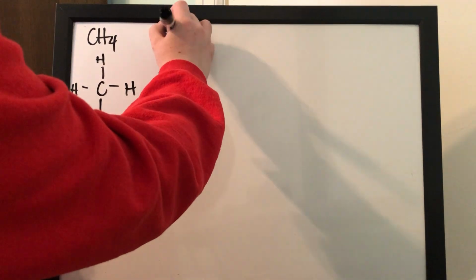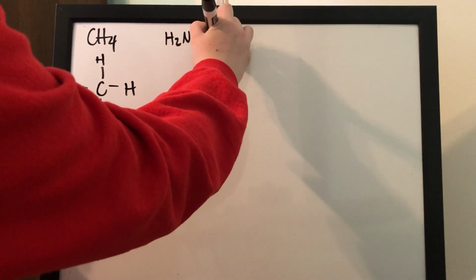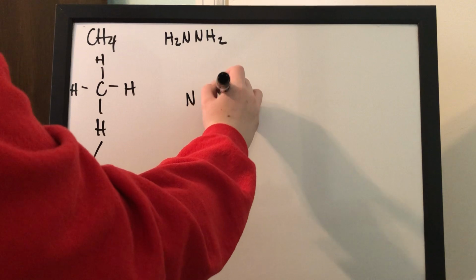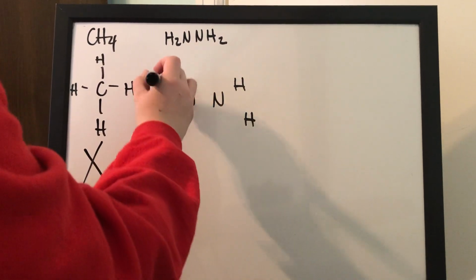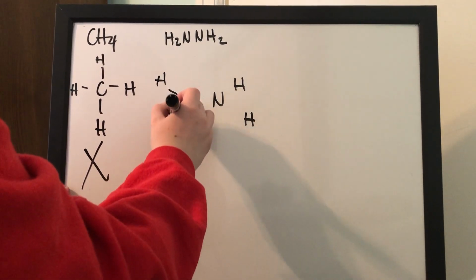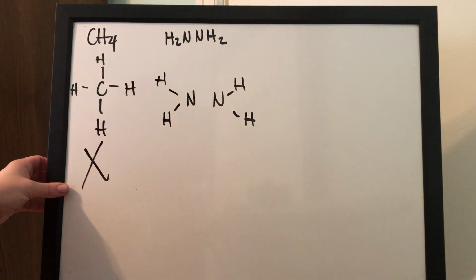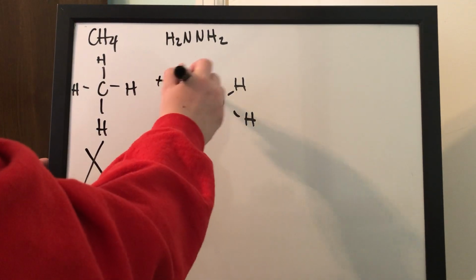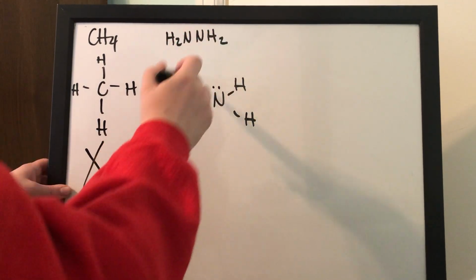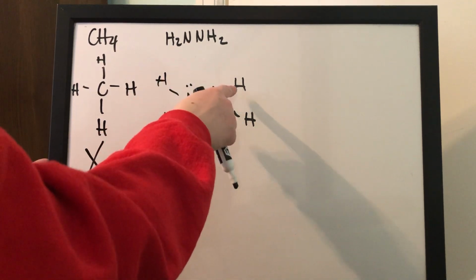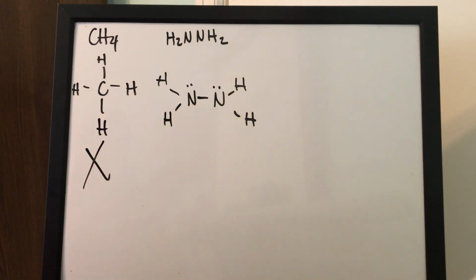H2NNH2. I'm trying to give you a hint at the Lewis structure. 2 N's, 2 H's. Kind of like this. I believe it's a single bond. Electron count: 2, 4, 6, 8, 10, 12, 14. Yeah, so here's your structure. Again, you might be inclined to say hydrogen bonding.